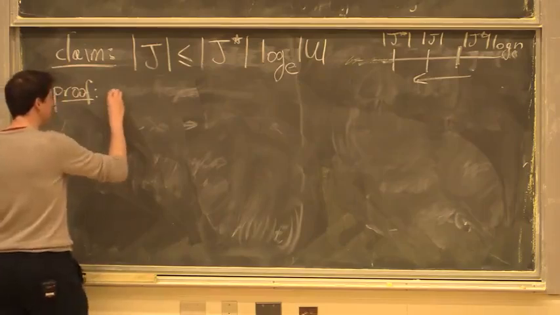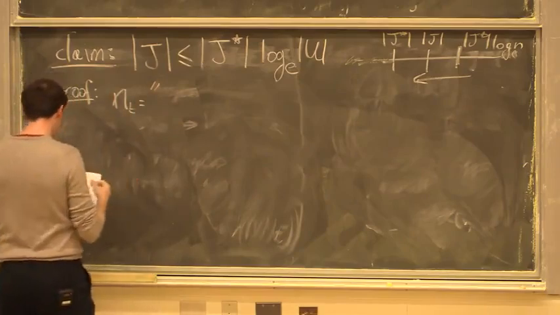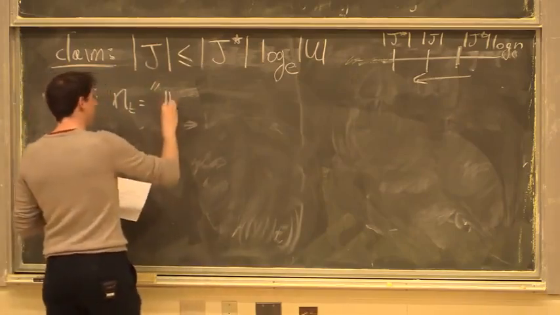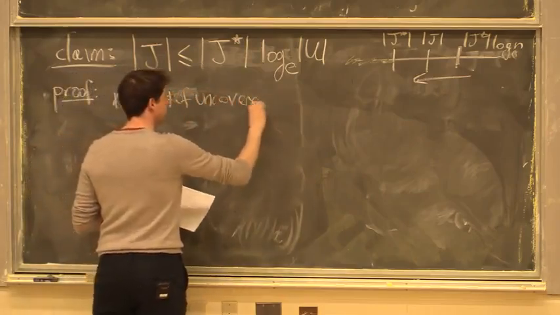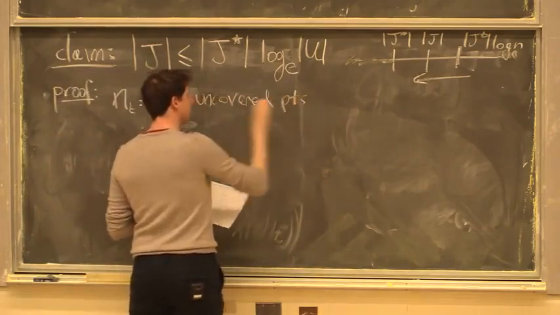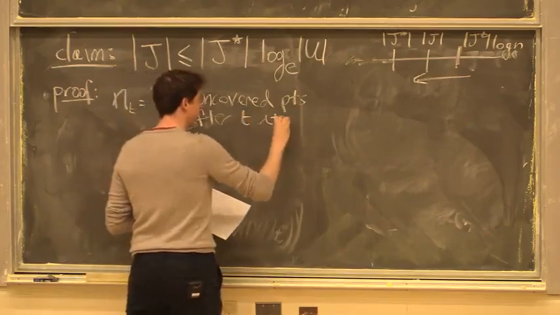So we're going to keep track of a quantity. We're going to call it n_t. This is the number of uncovered points after t iterations.